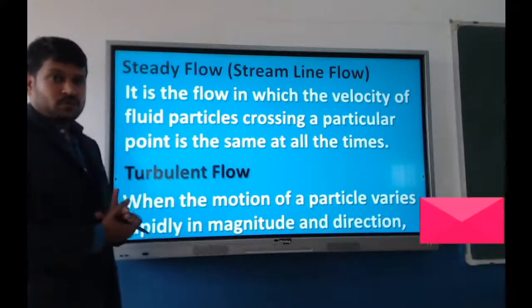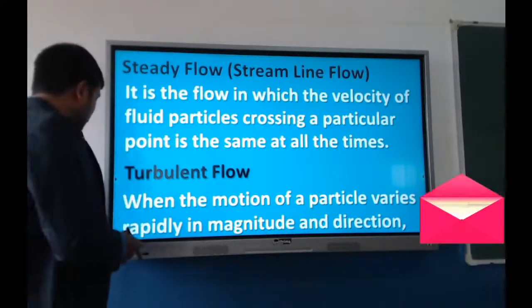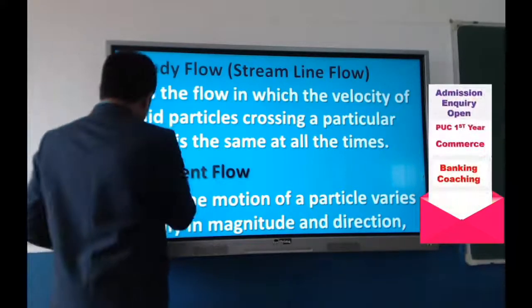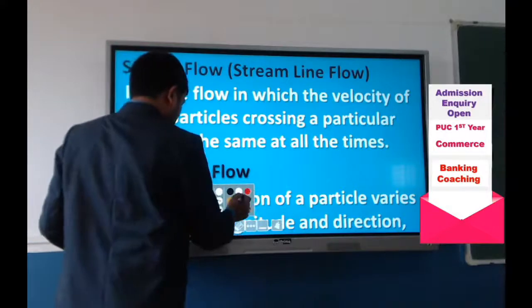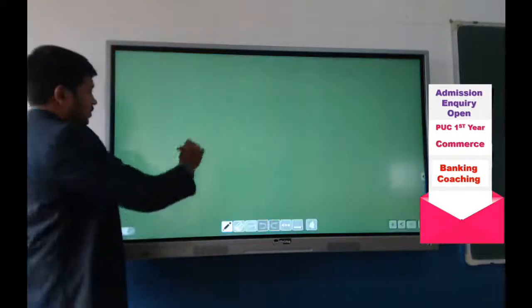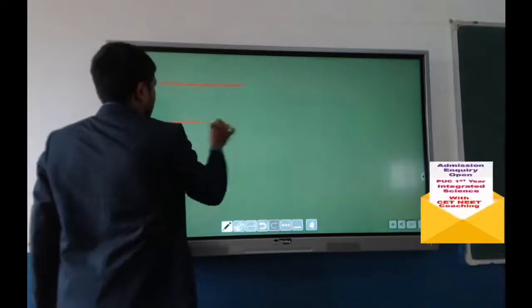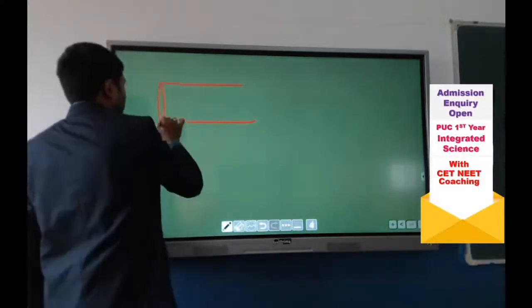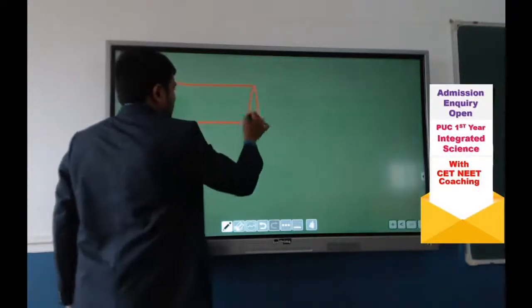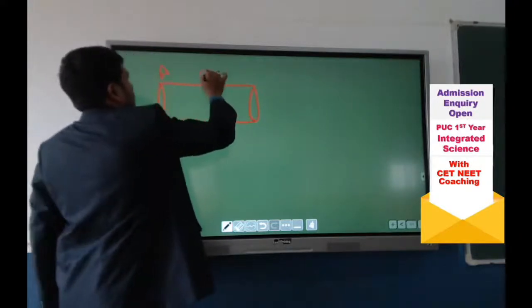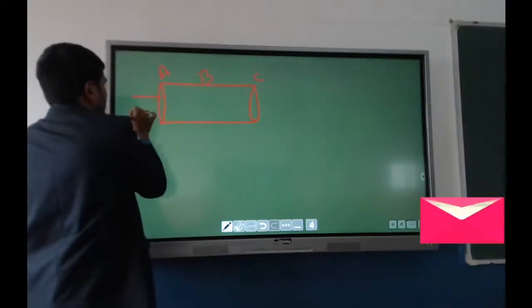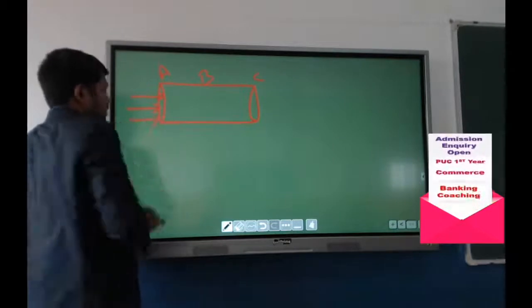Turbulent flow, students. What is turbulent flow? In turbulent flow, the velocity is different. Again I will consider a pipe with points A, B, C, in which liquid is flowing.